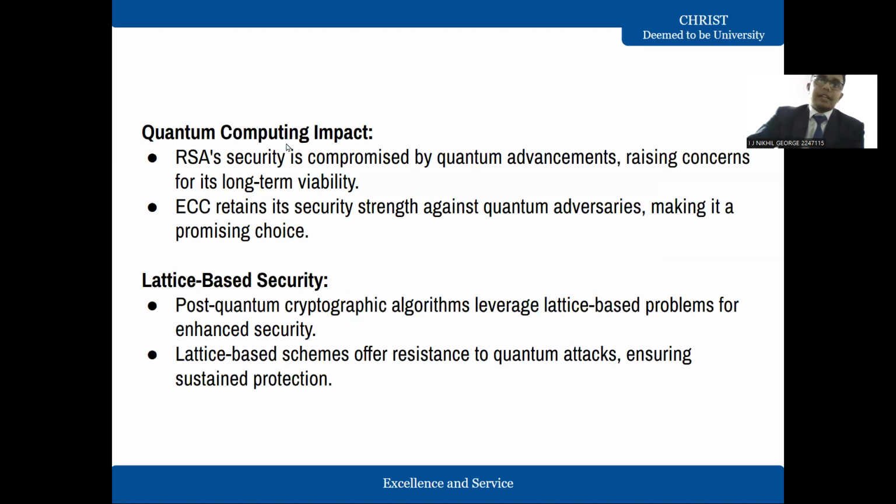Because as you know, ECC gives shorter keys compared to RSA, like shorter bits of key. It's much more convenient and much more secure compared to RSA.